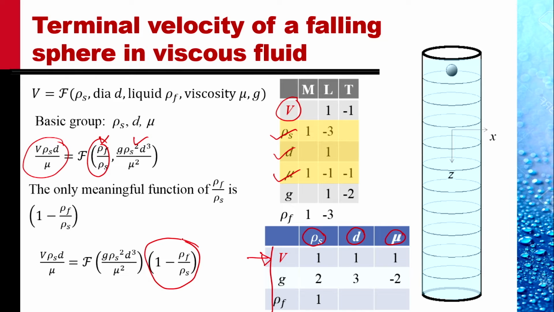So now we have only 1 parametric group whose dependence is unknown. We can do experiments to determine this. But the relation of rho f divided by rho s should be of this form. This is from the physics that we bring in.